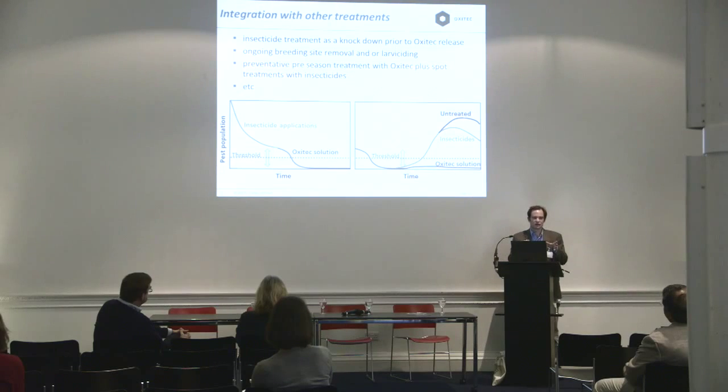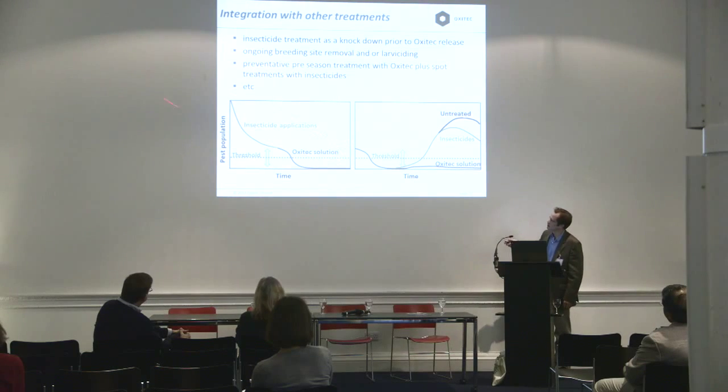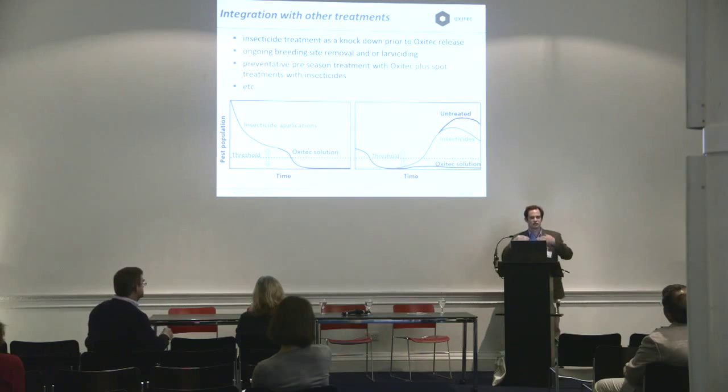So you would do that just before or just during the initiation of the releases. This takes out, as I say, the bulk of the population. And then where our technology really comes into its own is bringing down that last remnant of the population right down below the disease transmission threshold. And that's an area that is very difficult to achieve with conventional control.